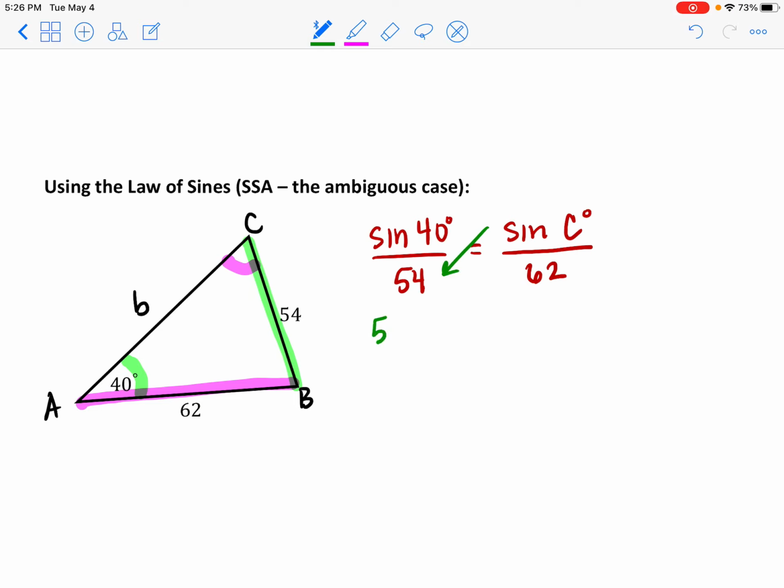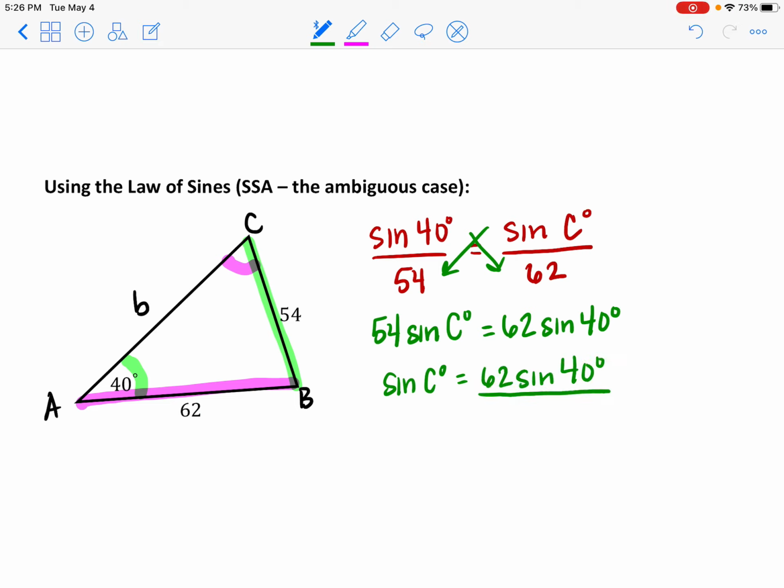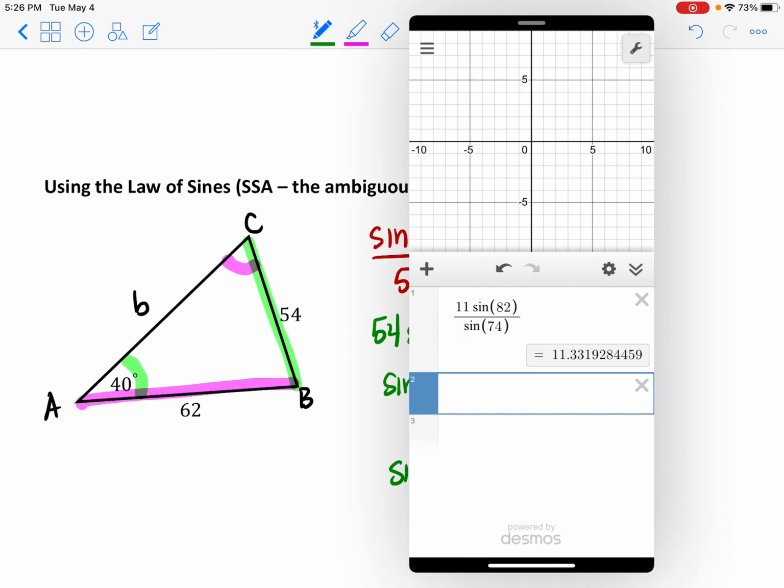So we're going to have 54 times the sine of C degrees equal to 62 times the sine of 40. I need to divide the 54 over. So the sine of C degrees is going to be 62 times the sine of 40 degrees divided by 54. Okay, now that just looks like a big mess right now, so let me just try to clean that up a little bit. Let's go ahead and approximate that.